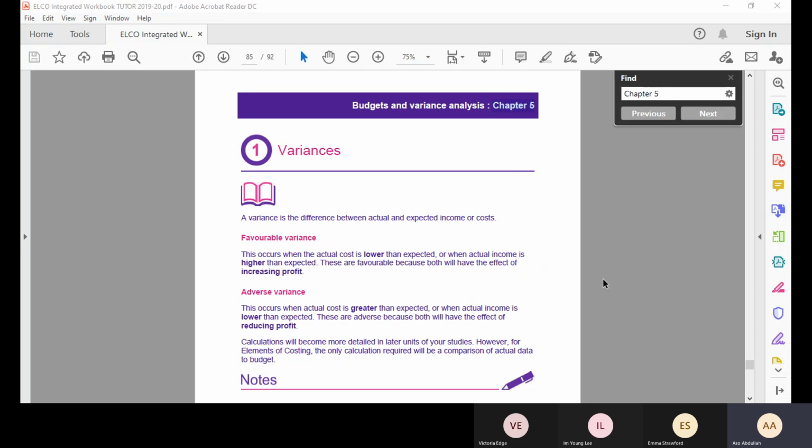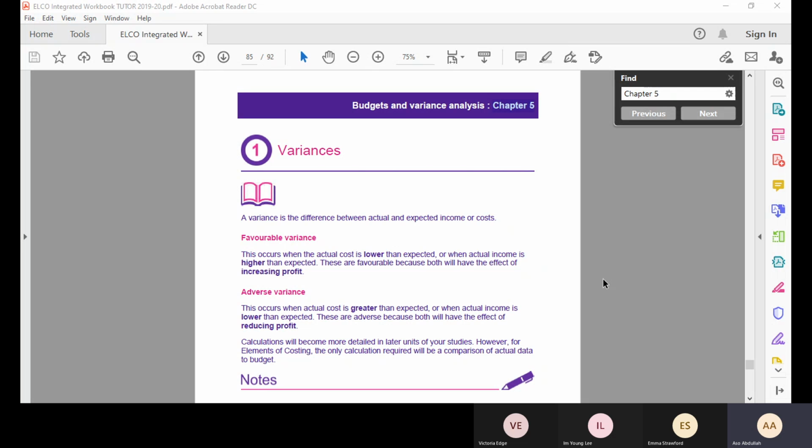Say your budget for costing is £100 and actual is £90. So you have £100 to spend, but in reality you only spent £90. So the variance is £10 between the budget and actual, and obviously it means you are saving £10. It is in your favor.